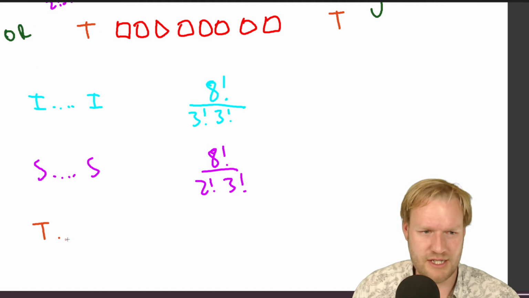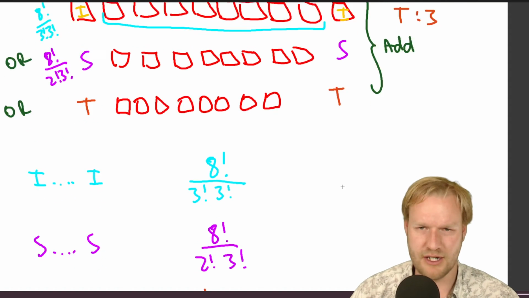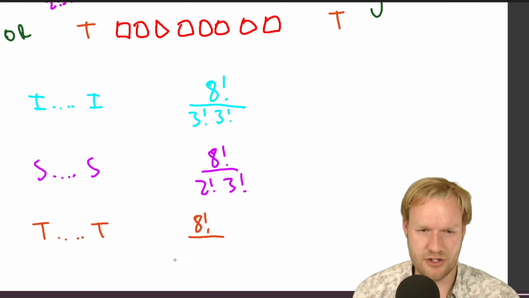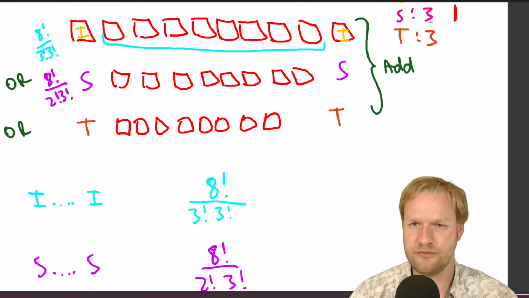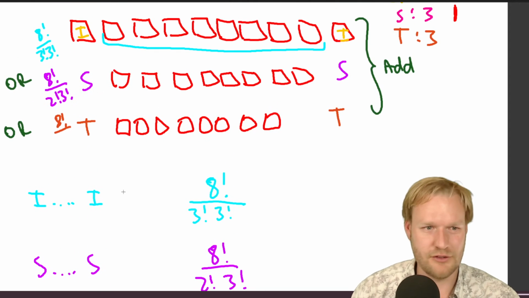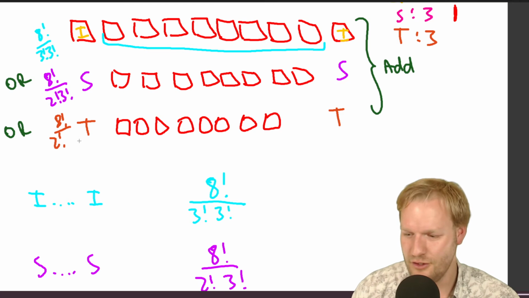For our T, something, T, there are 8 blocks to fill in. What we need to factor in are our I's and S's, and we've got 2 repeated I's, and I think there were 3 repeated S's. So for this one, we've got 8 factorial over 2 factorial, 3 factorial.